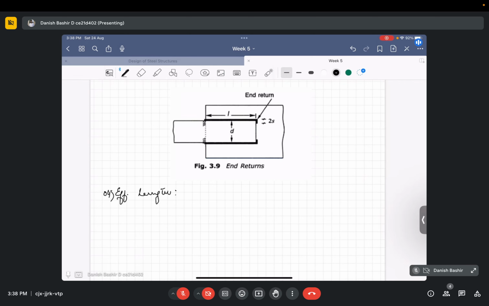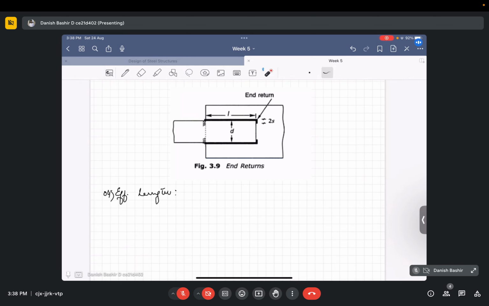So the effective length, if I have to define it, I will define it as the length of the fillet weld for which the specified size and throat thickness of the weld exists. So for whatever length the specified throat thickness and the size of the weld exist, that is known as the effective length of the weld.